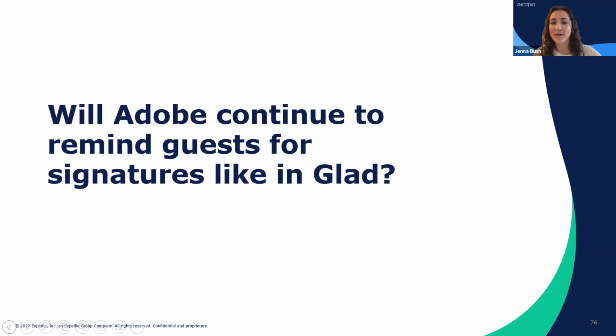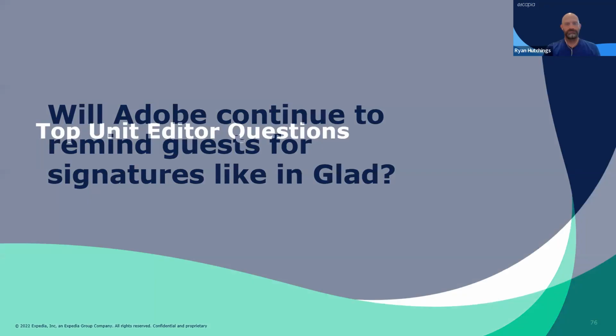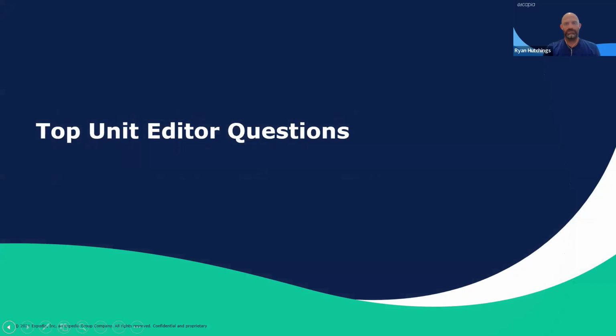If this isn't frequent enough, you also have the option to send an additional reminder manually through the rental agreements page, under rental agreements, and then the actions column. You can drill down into one of your contracts and hit remind. So an additional reminder will be sent to the guests to sign it if they happen to miss the one earlier that day. Great. And thank you, Jenna, for all of those.